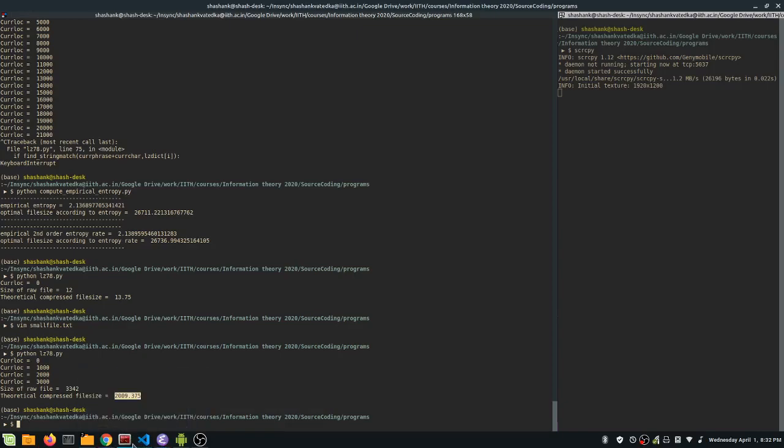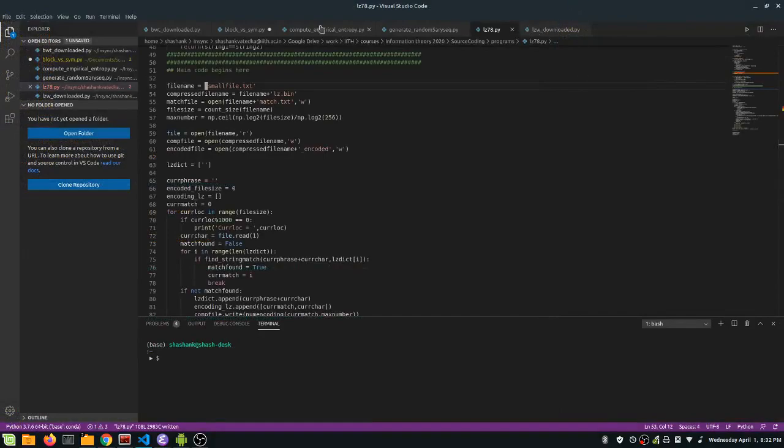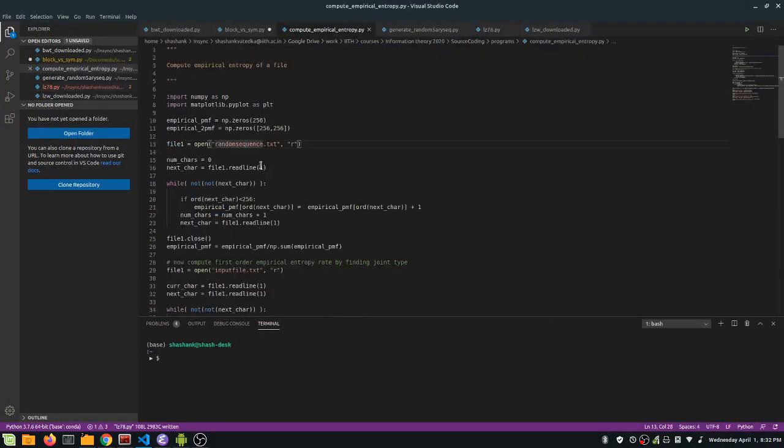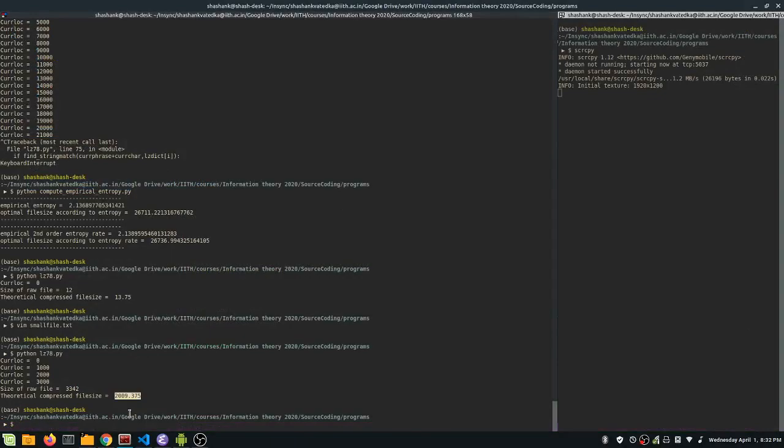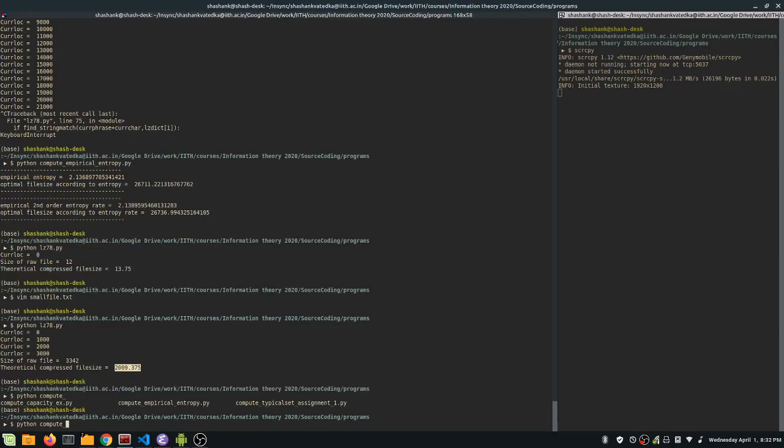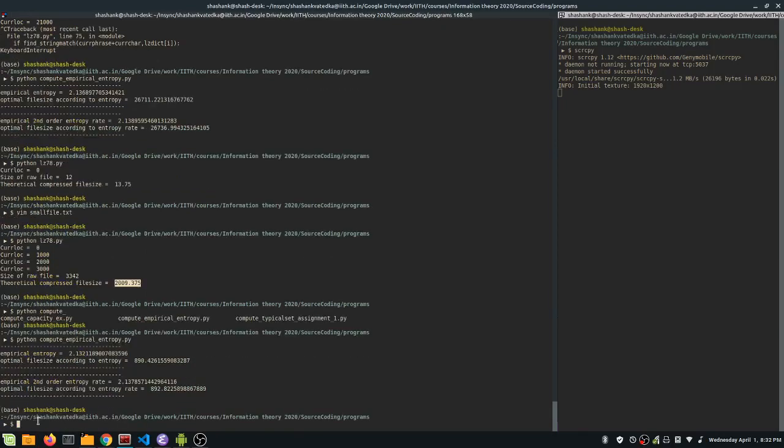Let's compute the empirical entropy of this file. I have a separate program which computes the empirical entropy. And the best rate of compression that one could actually achieve turns out to be just 890 bytes.